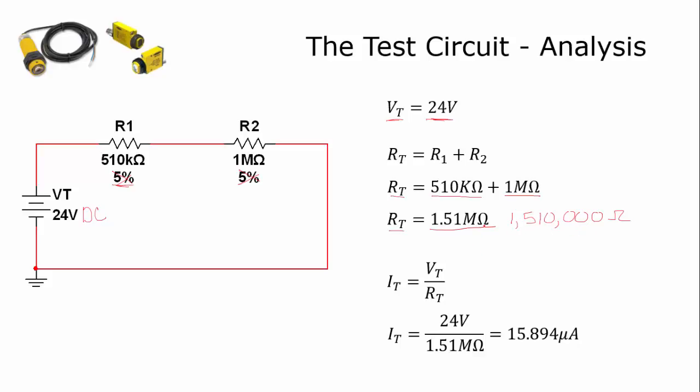So with this now I have the total resistance and I have the total voltage. Therefore I can find the total current.